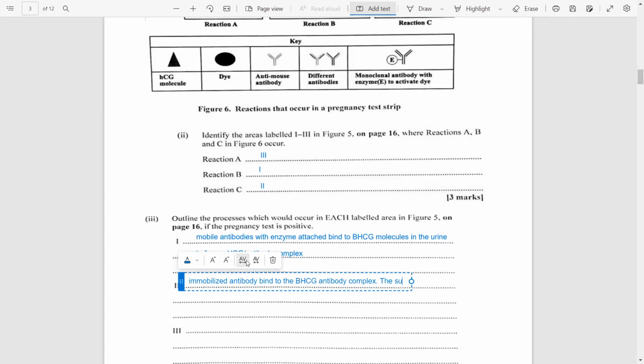The substrate to the enzyme is then added for a colored strip to form.